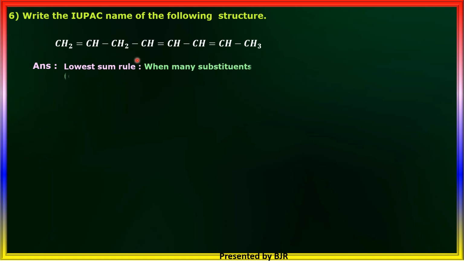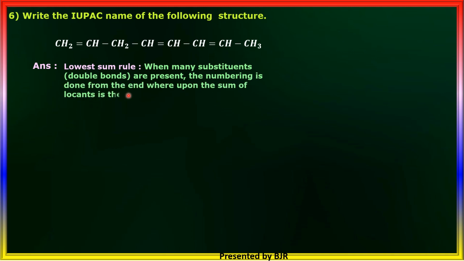We have to follow the lowest sum rule again. When many substituents are present, that is, in this case double bonds are present, the numbering is done from the end whereupon the sum of locants is the lowest. Sum of locants means the sum of the numbers of the carbons containing the double bonds. So here is the given structure.